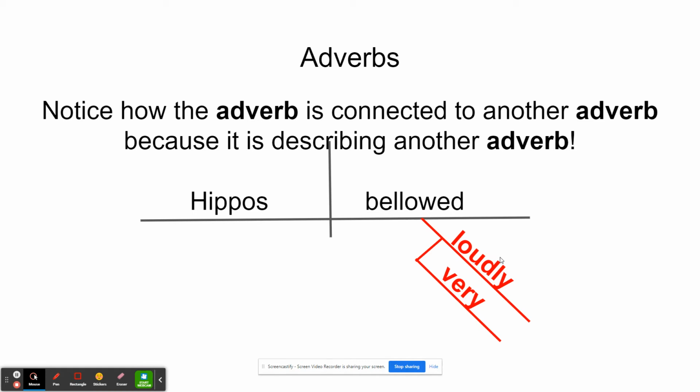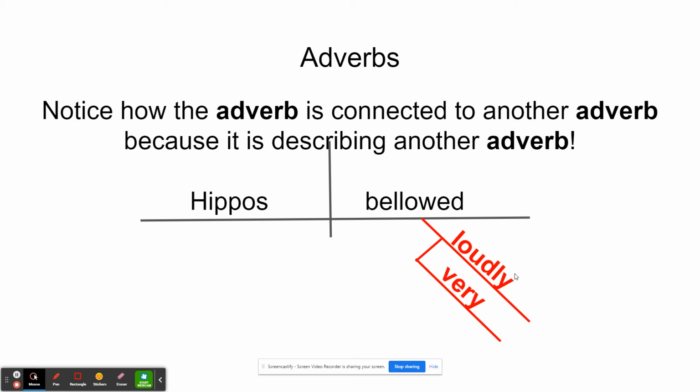How loudly? Very loudly. So look how we break off this arm. We make a little extender and put this arm off of loudly, because very needs to connect to loudly. Very loudly. An adverb describing an adverb.